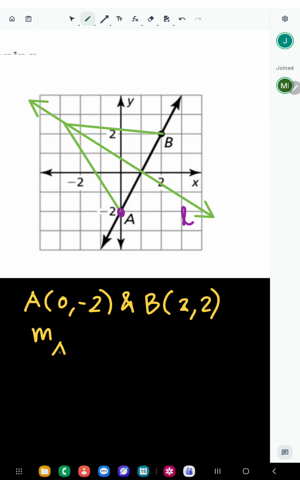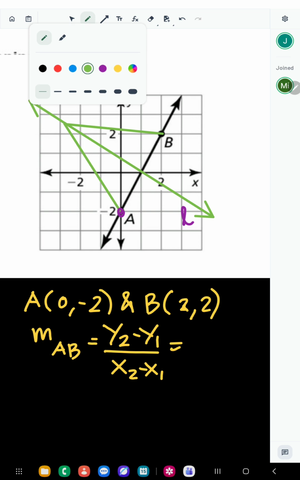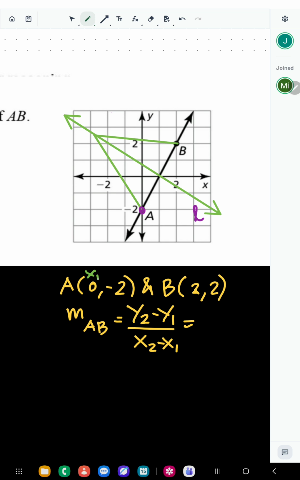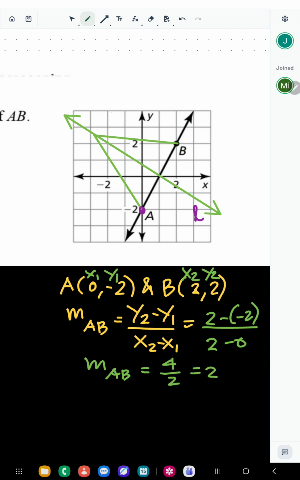The slope of line AB is equal to y sub 2 minus y sub 1 over x sub 2 minus x sub 1. Let's say this is x sub 1, y sub 1, x sub 2, y sub 2. So this is 2 minus negative 2 over 2 minus 0. So the slope of line AB is just 2 plus 2, 4 over 2, which is equal to 2.